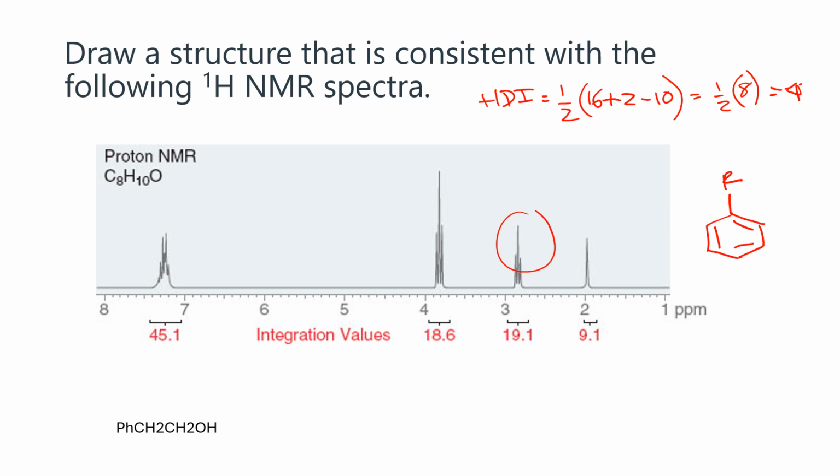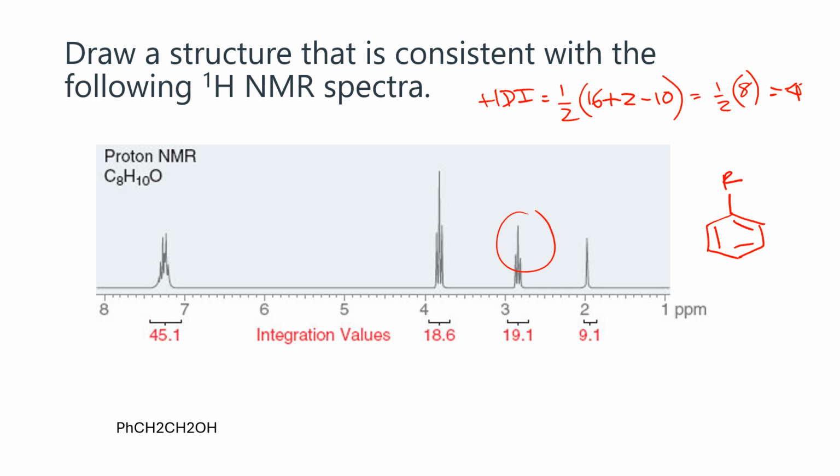And let's do the integration here. These are about the same integration values. So if you have the same integration values, it means the same number of protons. So that's probably an OH.